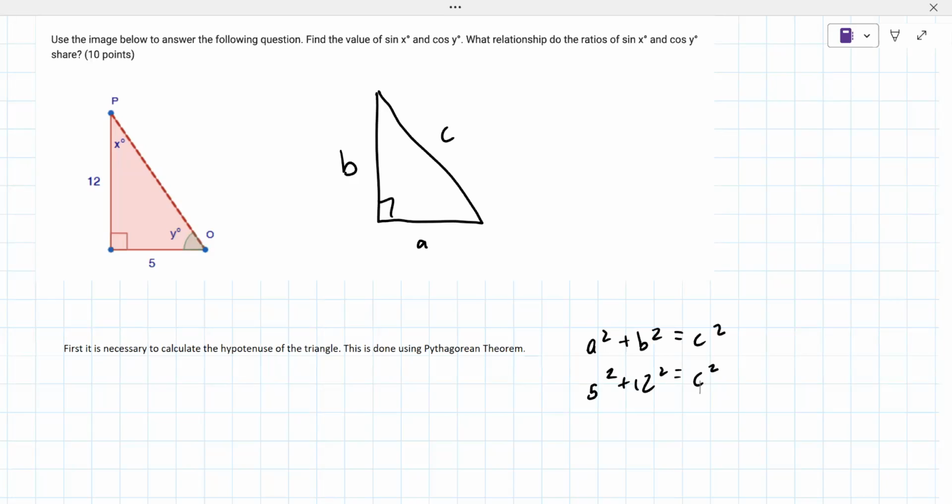Let me know when you got c for me, please. Almost got it.